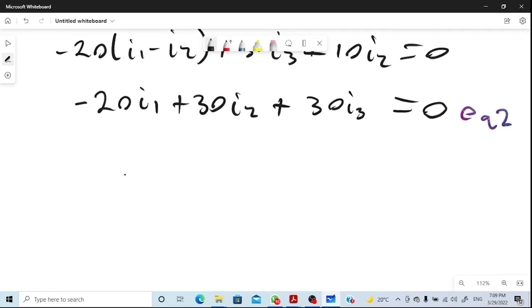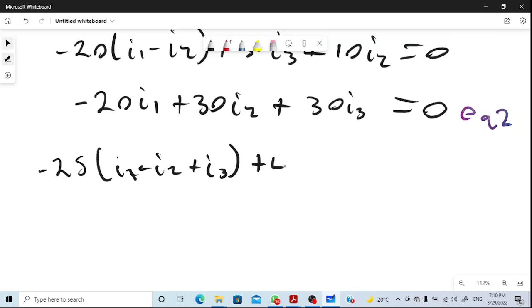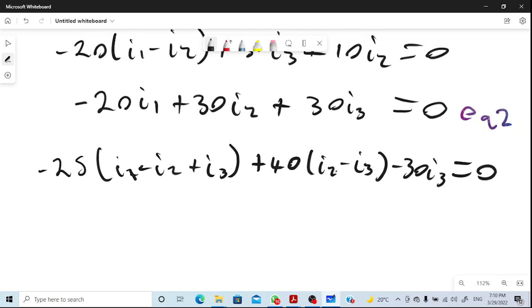The equation for the third loop will be minus 25 into I1 minus I2 plus I3, and then plus 40 into I2 minus I3, minus 30 I3, then they will all equal to 0.